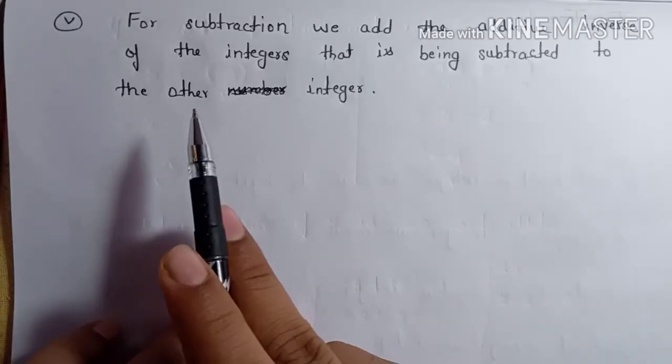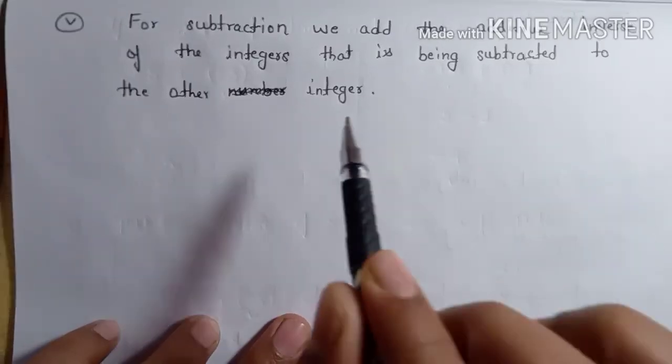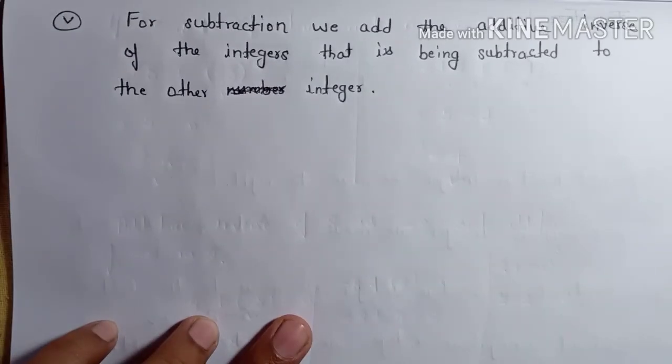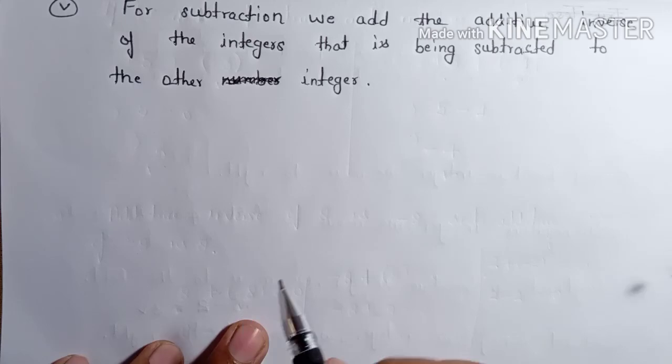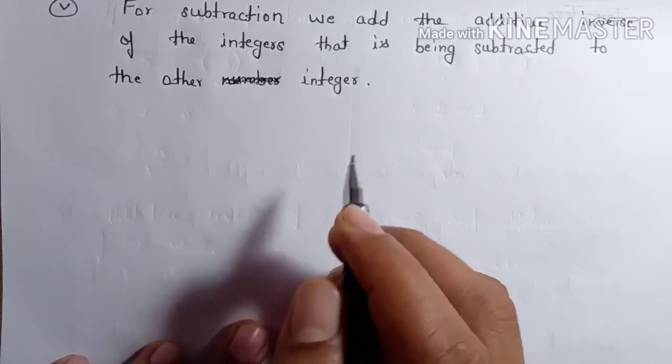And for subtraction, we add the additive inverse of the integer that is being subtracted to the other integer. This means if we want to subtract an integer from an integer, what to do?